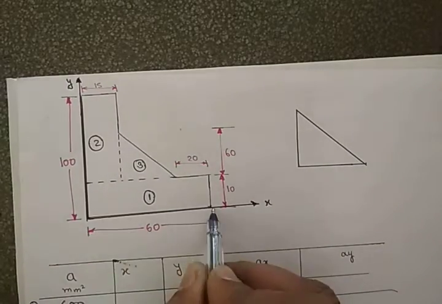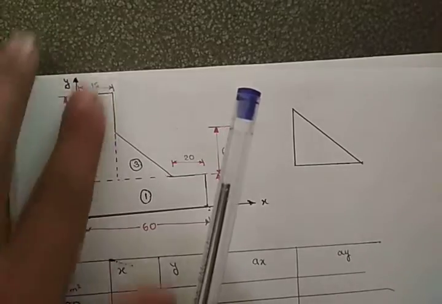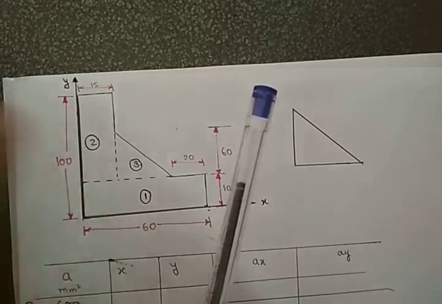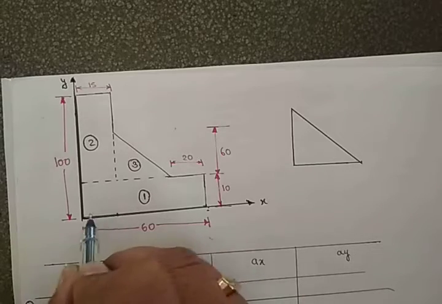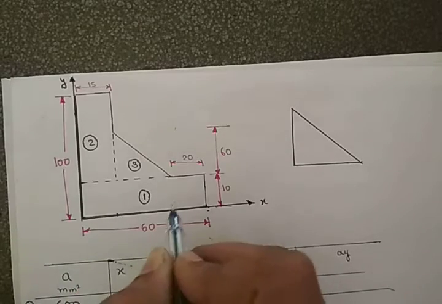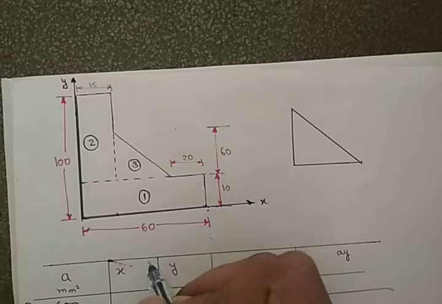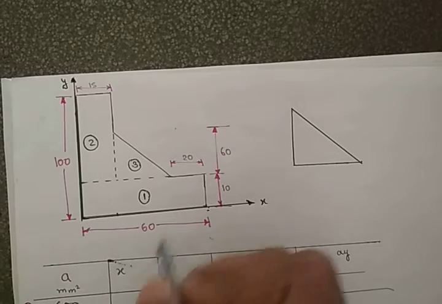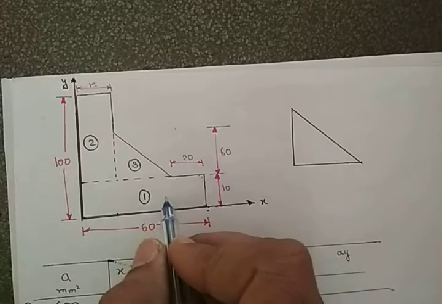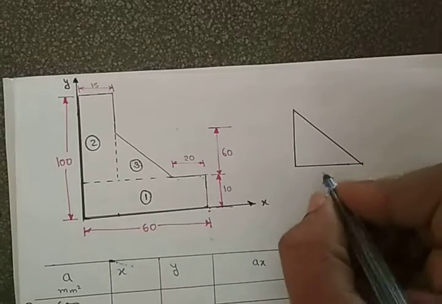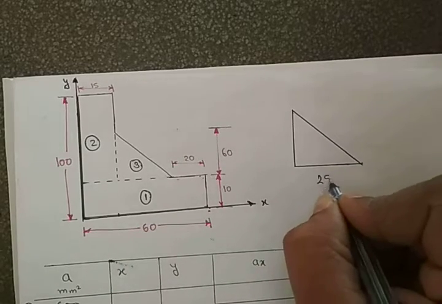Total is how much? 60, and this is 15. 60 minus 15, how much remains? 45, and 45 minus again 20, how much remains? 25. So the dimension of the triangle is 25.